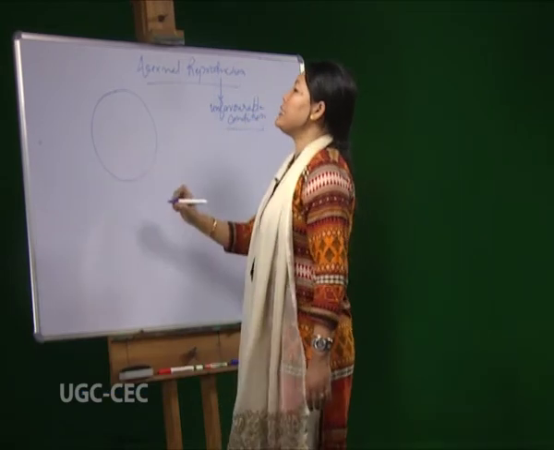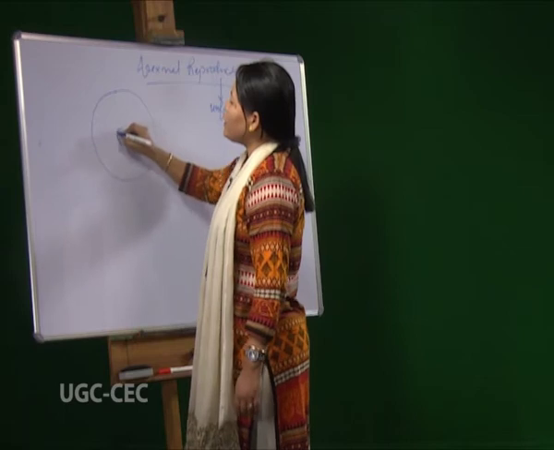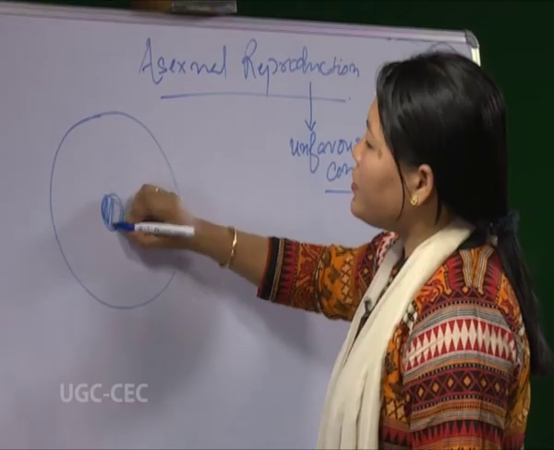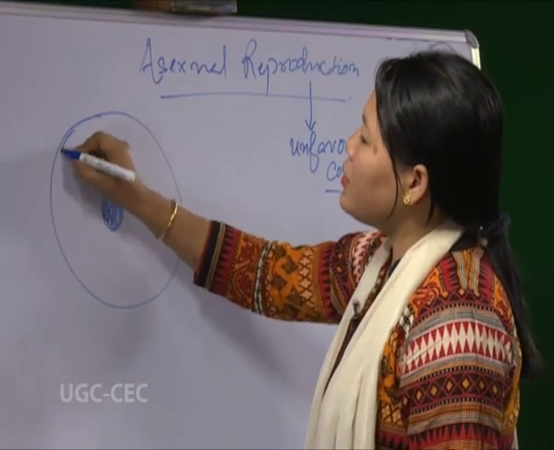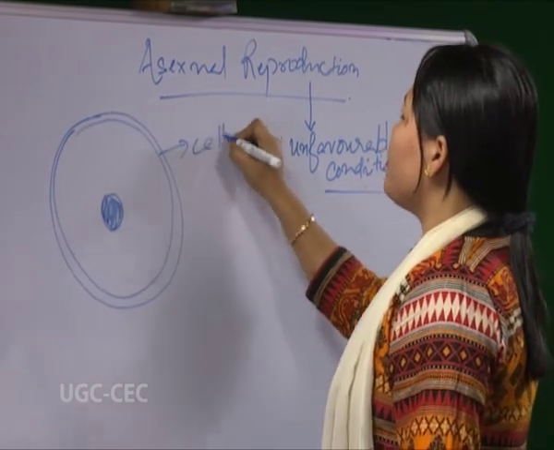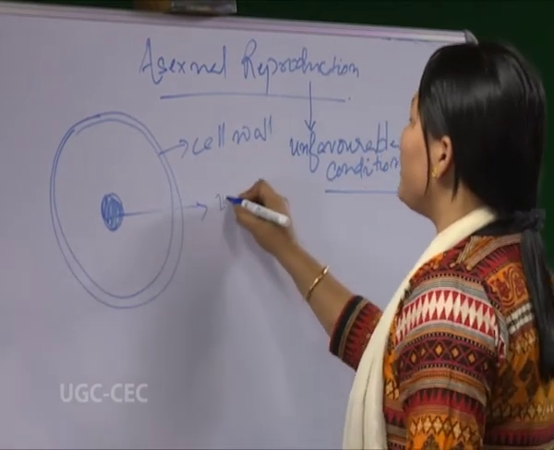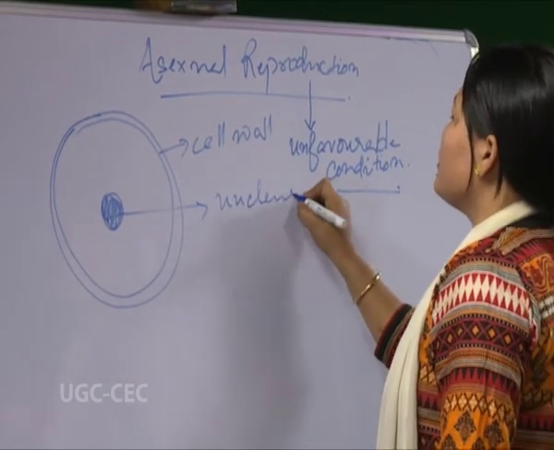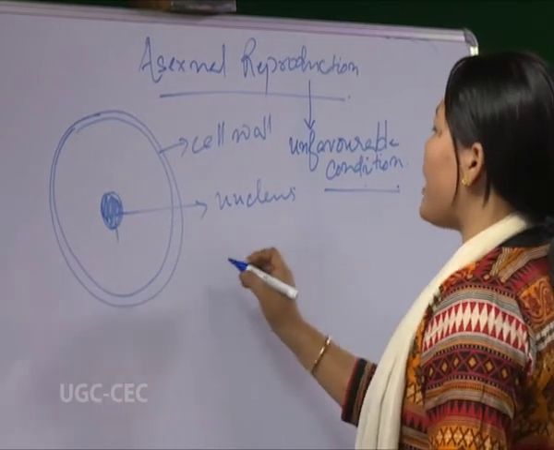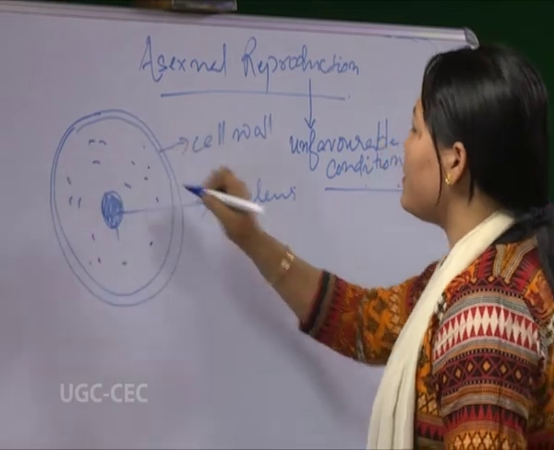So during this, the nucleus of the yeast cell, this is the nucleus of the yeast cell. This is the cell wall. This is the nucleus. So this nucleus gets divided. These are the cytoplasmic content which are present here in the cytoplasm.